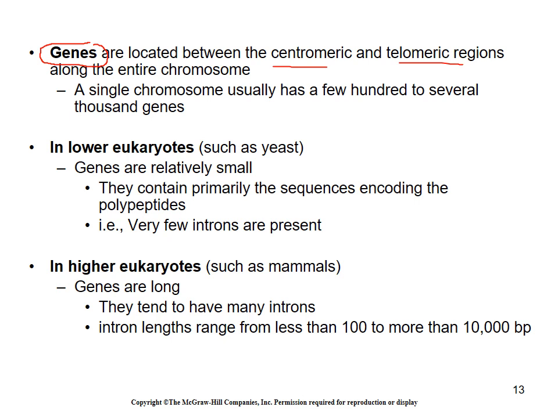At the bottom right here, I don't think it will surprise anybody to see that in more simplistic or lower eukaryotes, usually the genes are relatively small and they'll have few areas of introns. Introns are non-coding sections of the DNA. So the introns are areas that usually are your intergenic regions.